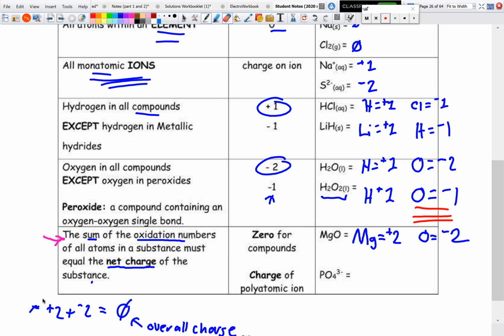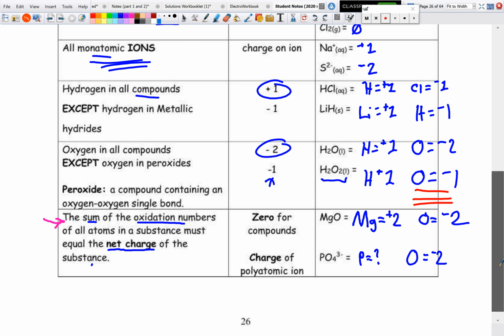Now, as for our other one here, our phosphate ion, phosphorus we don't know, right? But oxygen, we know, has a negative 2 charge. In order to figure out what phosphorus is going to be, we will need to use a little bit of algebra.